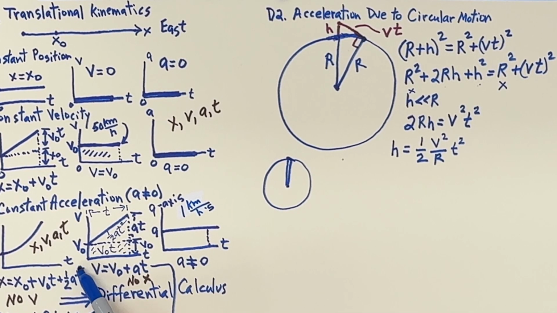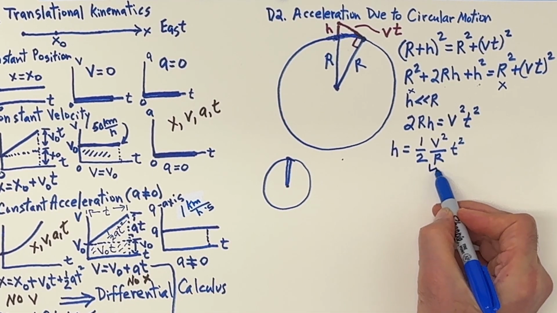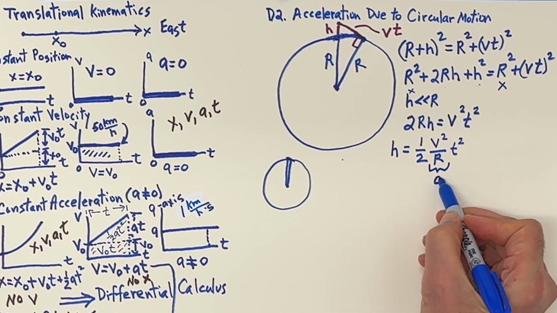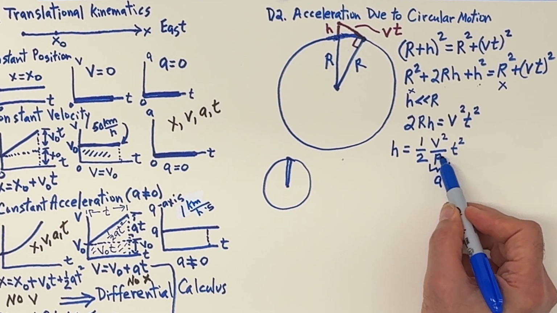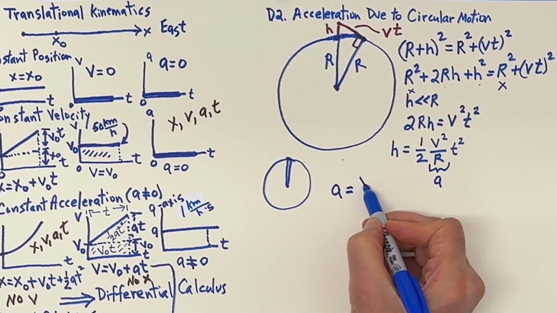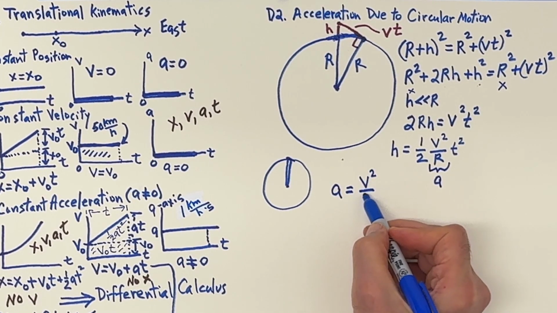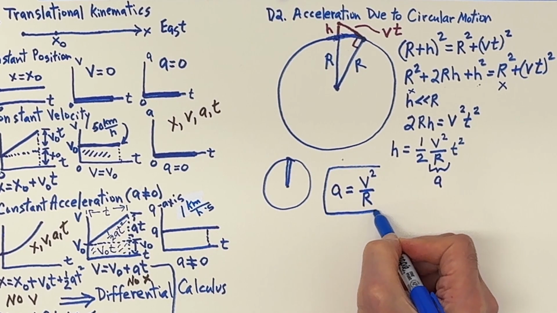In other words, this is acting like an acceleration factor. So we conclude that the acceleration is v squared over r for circular motion.